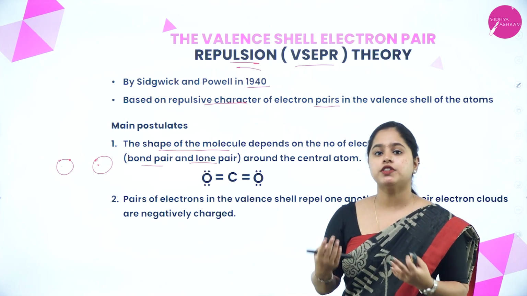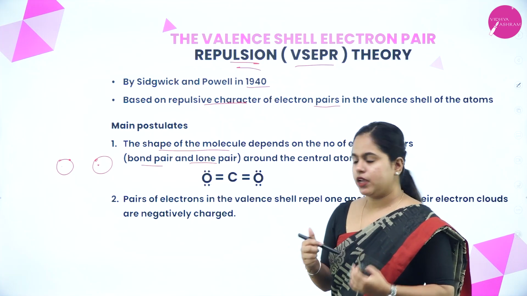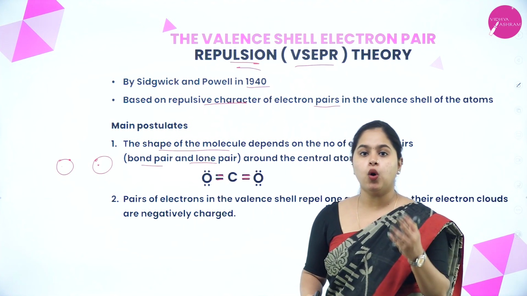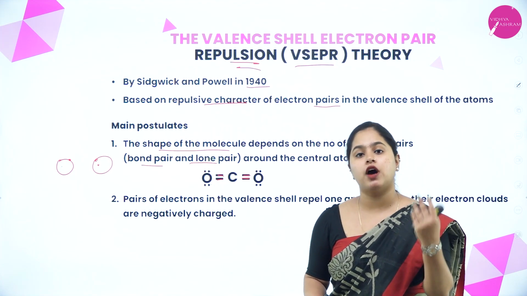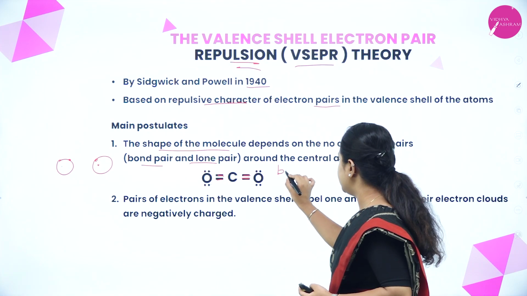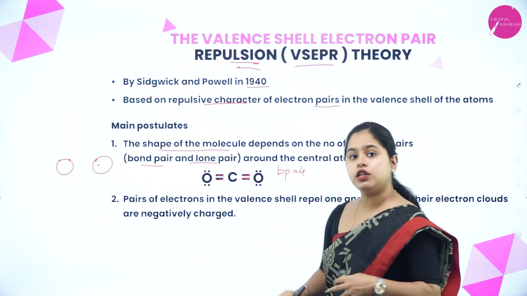Those electrons which are taking part in the bond formation form the bond pairs. As you can see, 1, 2, 3 and 4 bonds are there. So a total of how many bond pairs will there be? The bond pairs will be equal to 4. And what is a lone pair?